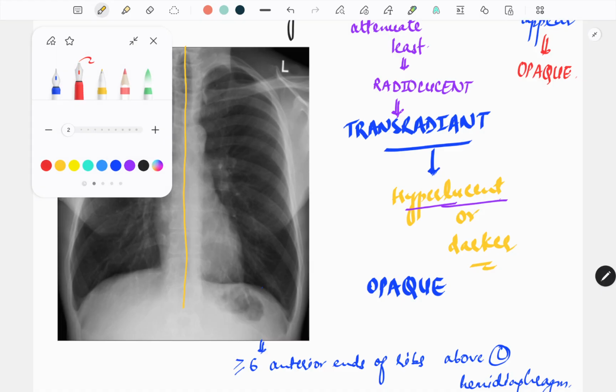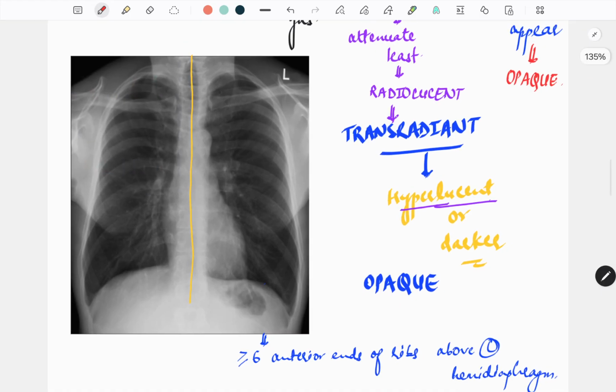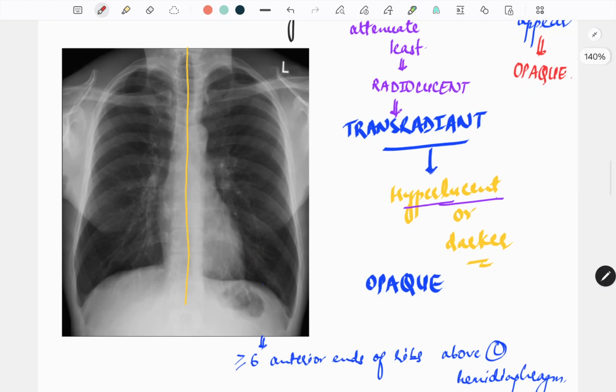Then take the maximum cardiac diameter on each side. As we all can see, this is the farthest point here. We'll draw a line. This is the farthest point here. We'll draw a line.